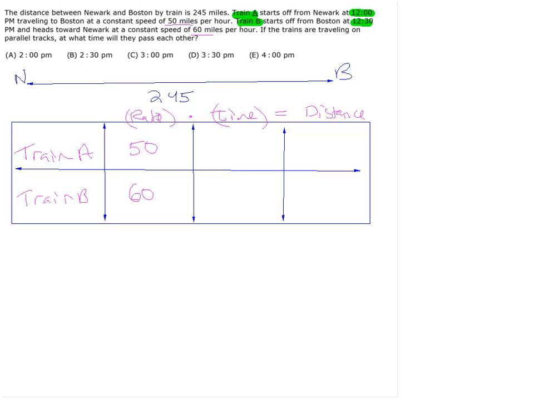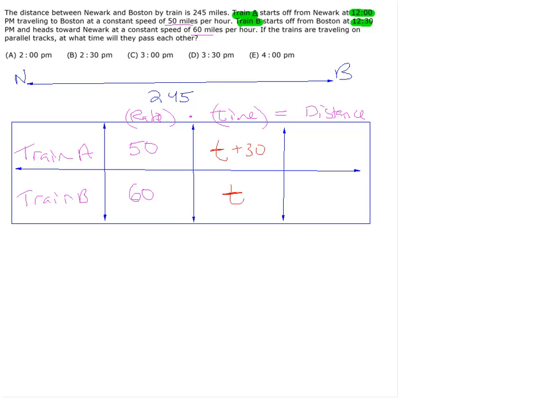So let me show you what students' natural inclination is, which is wrong. Train A leaves first. So they would say, okay, train B travels for t hours, and train A, because it left earlier, travels for longer. So they say, okay, that's t plus 30.